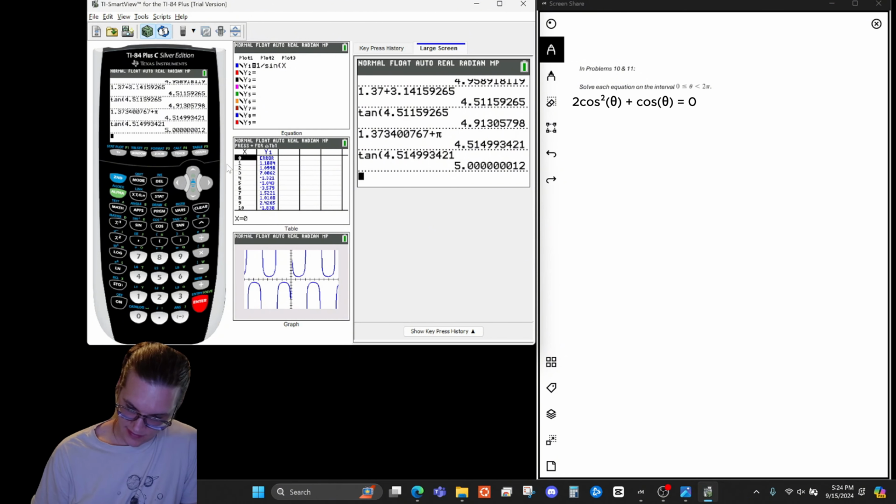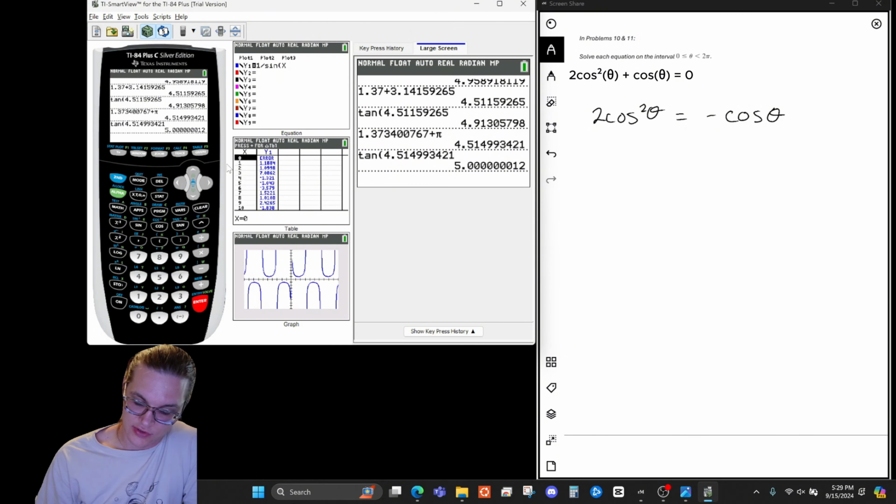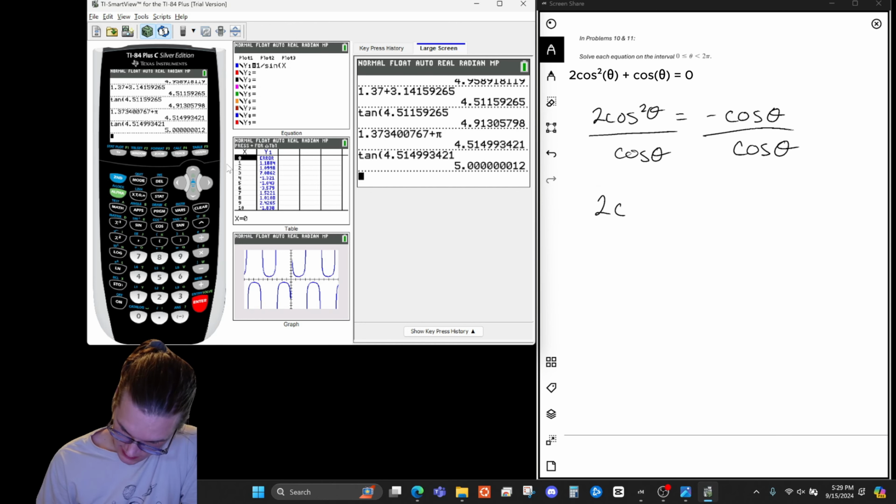So it'll be 2 times cosine squared theta is equal to negative cosine of theta. I can divide both sides of this by cosine. That's allowed. So that will leave this side saying 2 cosine of theta equals -1. And then dividing both of these by 2 gives us cosine of theta equals -1/2.